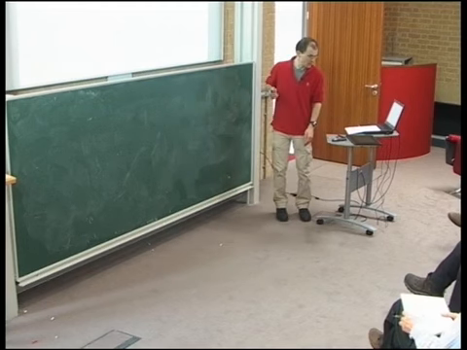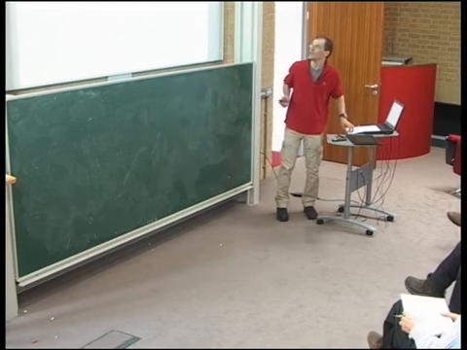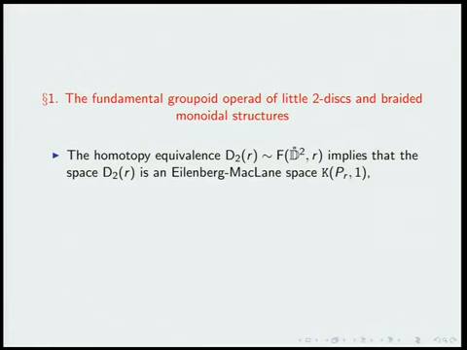Okay, so first fundamental groupoids. Just remember, this was explained in previous talks during this semester. If you take the space of little 2-disks in a big unit disk, I've explained during the first part that this space is homotopy equivalent to the configuration space of r points in the open unit disk.